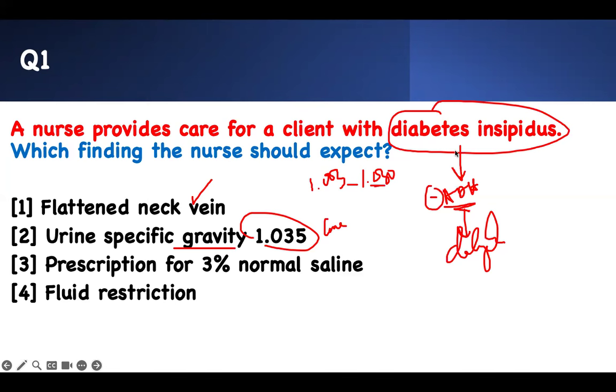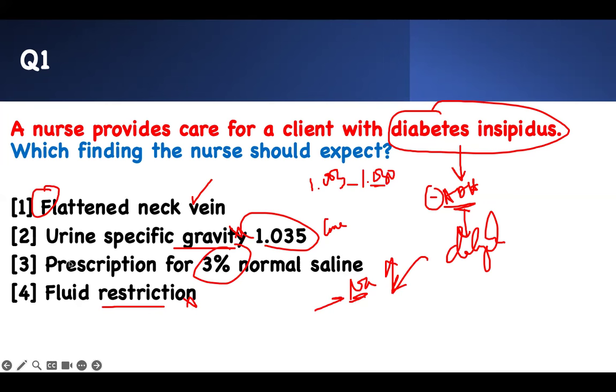In diabetes insipidus, you're pouring out a lot of fluid, so your urine specific gravity is going to be diluted. Therefore, I don't expect that. Your serum sodium is going to be high. You don't need any more 3% normal saline. If your serum sodium is high, we need to give you water to dilute it. No free water restriction. So number one is the right answer.